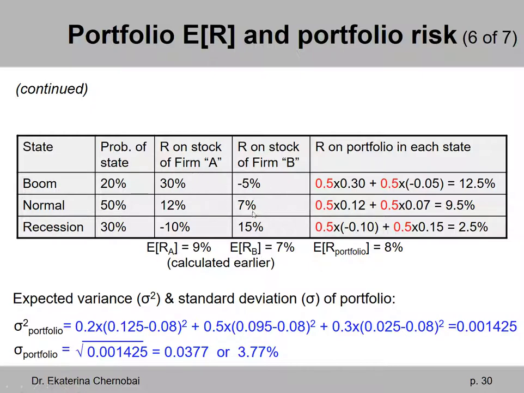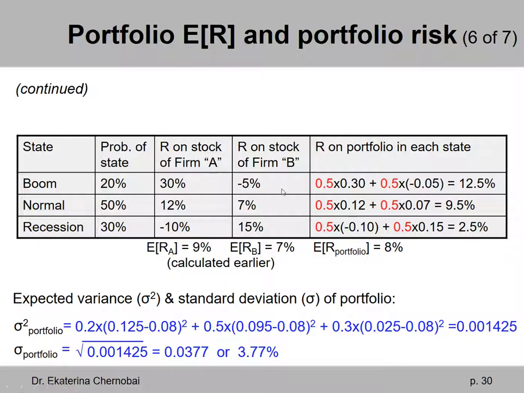It's good to buy stocks with returns that are sort of inversely related. Whenever the return is low on one stock, it's high for the other stock. For example, in the boom state, the return is negative for B, but very high in A, highly positive. And in the recession state, the return is negative for stock A, but it's positive and very high for stock B. So A and B are kind of helping each other.